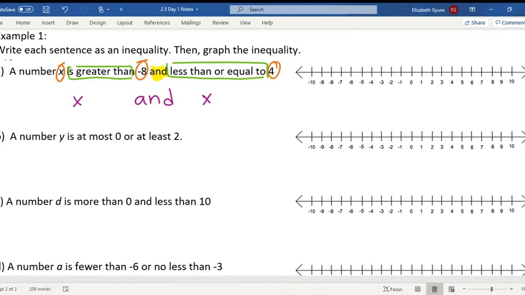X is greater than -8. So I'm going to draw my little pointy part going to the right, and then -8, like this. And X is less than or equal to 4. So then I would put a less than or equal to symbol and then a 4.